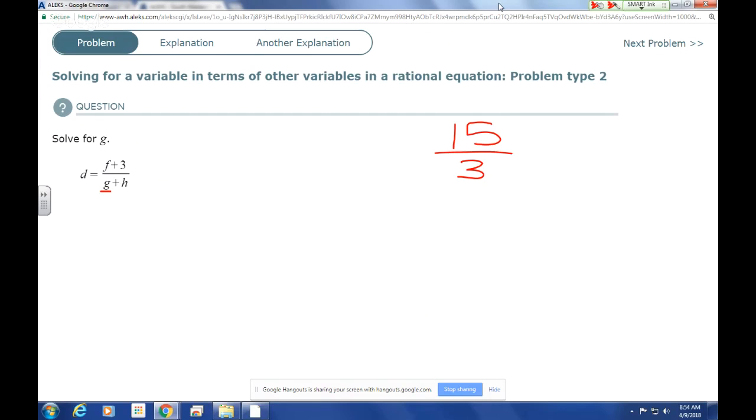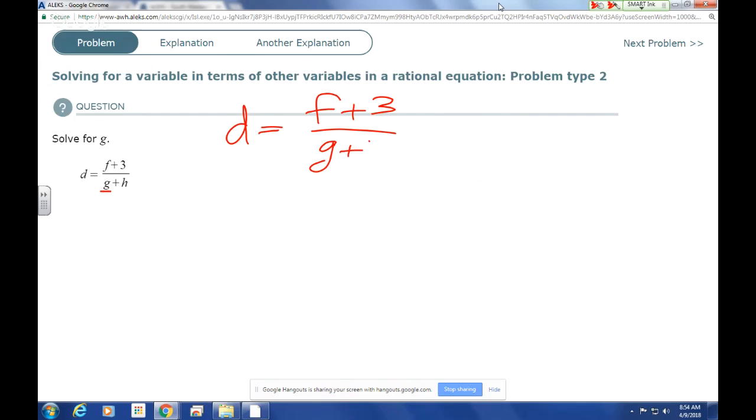Dividing, okay? So that is division. So this is being divided by G plus H. So to get rid of it, I got to do the opposite. Multiply. So my first step when I see that this is in the bottom, I'm just going to rewrite it so it's bigger. My first step is I'm going to multiply both sides by whatever's in the bottom.